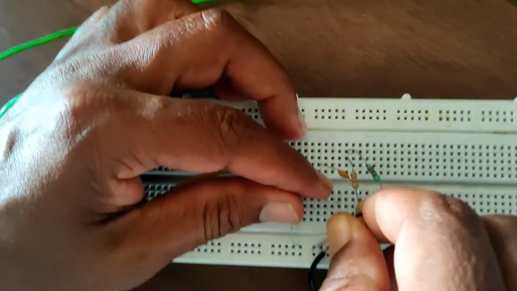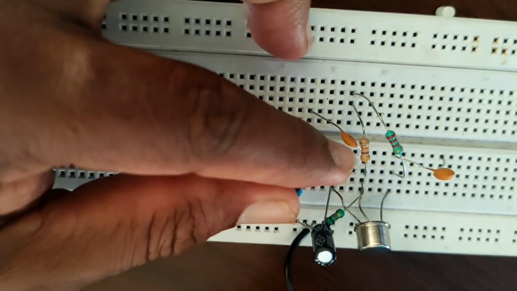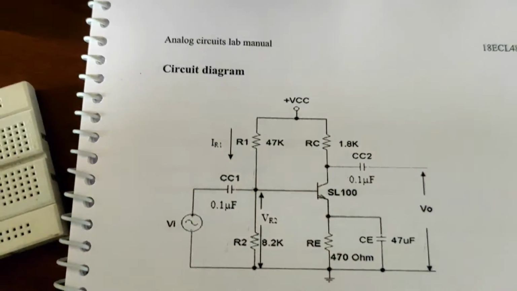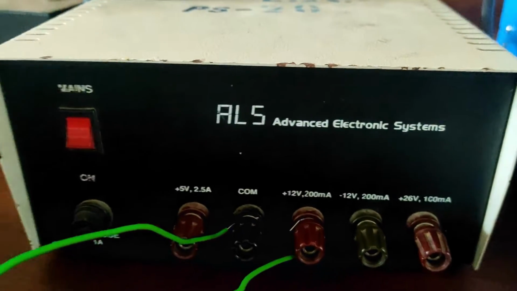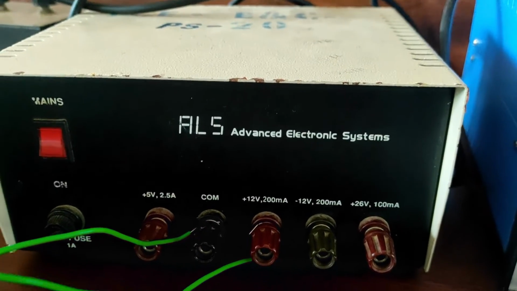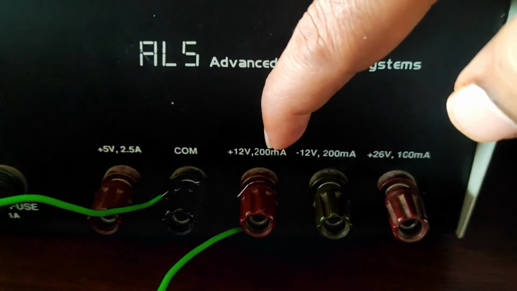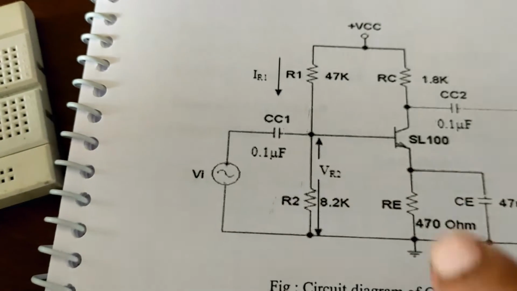Emitter to ground. We are making use of a 12 volt 200 amps power supply. This is positive and this is common, connected here as per the circuit.